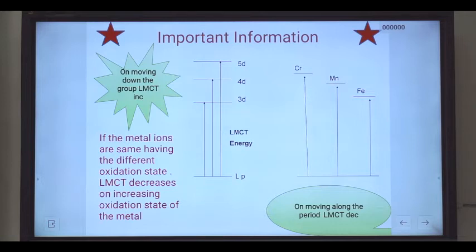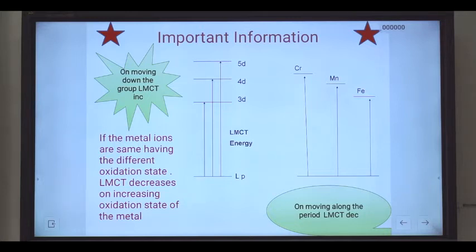With increase in the principal shell number from 3d to 4d, then 4d to 5d, LMCT will go on increasing. With this application part only, we are able to solve the various questions asked in the CSIR NET exam. This is on moving down the group.